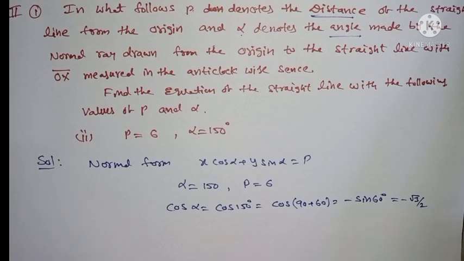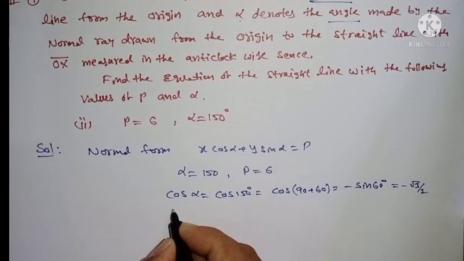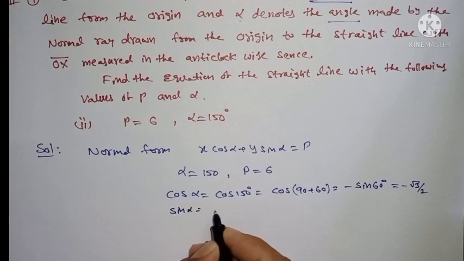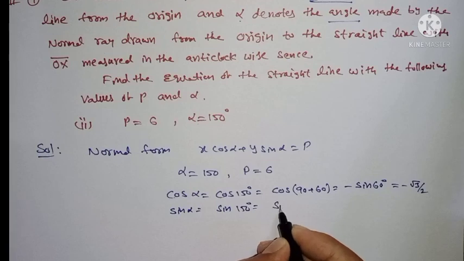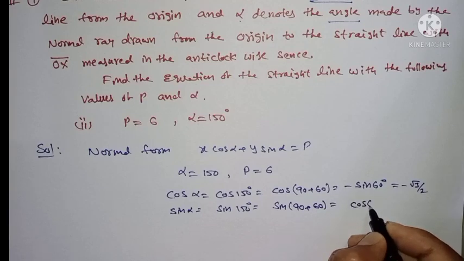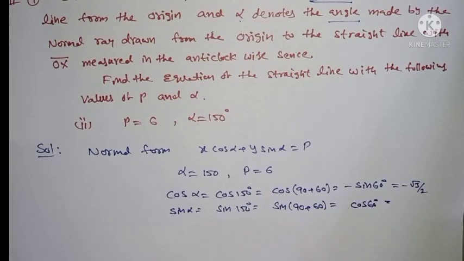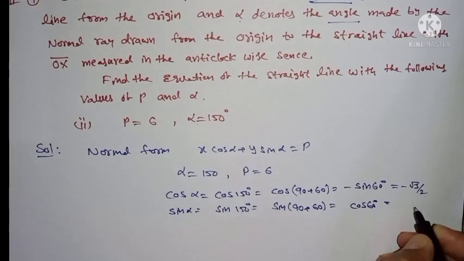Clear? Minus root 3 by 2. Similarly, you can find sin alpha. Sin of 150 degrees is sin of 90 plus 60. Sin 90 will be changed to cos 60, theta is as it is. In the second quadrant, sin must be plus only, therefore cos 60 is plus. This is 1 by 2.